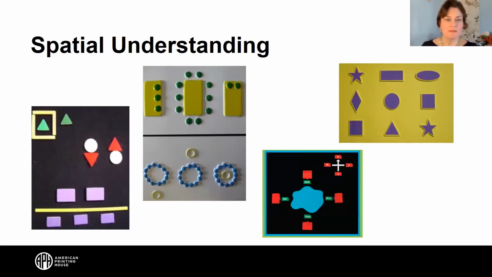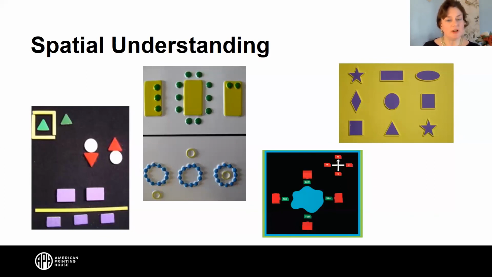And the next slide, spatial understanding. Lots of available materials to reinforce a variety of skills here. To the farthest left here is an image using picture maker pieces. Those concepts include where I have a triangle inside a square or outside a square, or a circle above or below a triangle, or how many rectangles above or below a dividing bar.